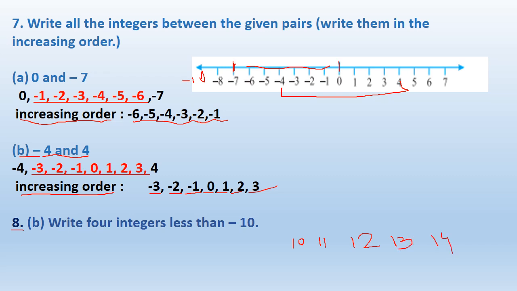We need to write 4 integers, so this is the first, second, third and fourth. Now here 14 is the bigger number. Why? Because no sign is there.